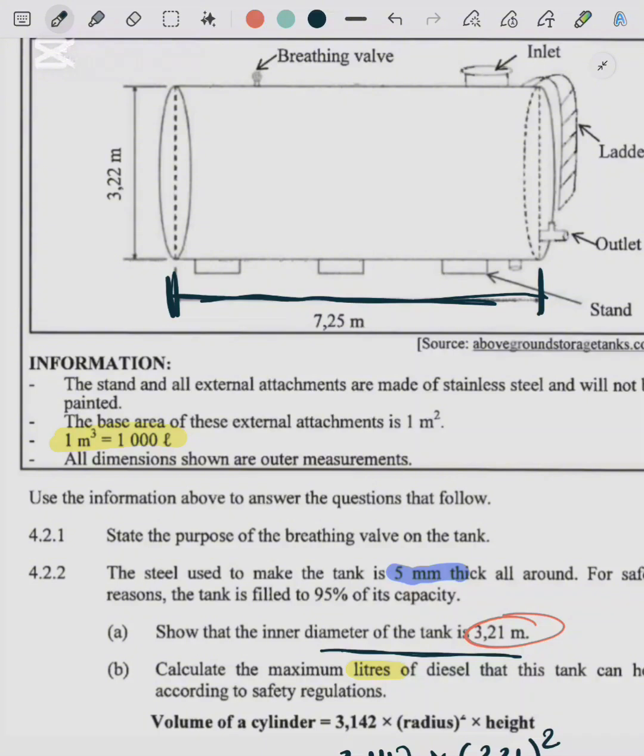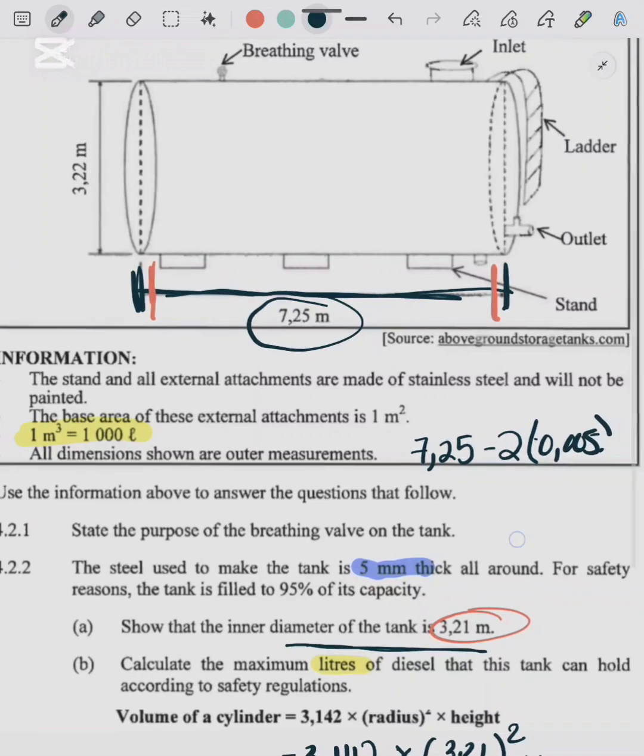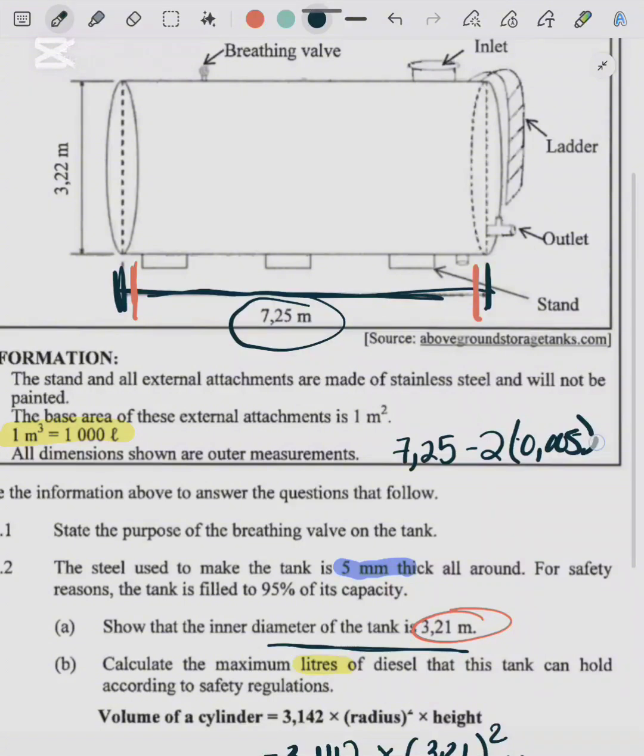So we again need to take off that little gap for the actual metal on each side. So really, the length we're going to work with is not 7,25. We're going to go 7,25 minus 2 times 0,005. This is exactly the same as what we did to find our inner diameter in the last question. And that'll give us 7,24 meters.